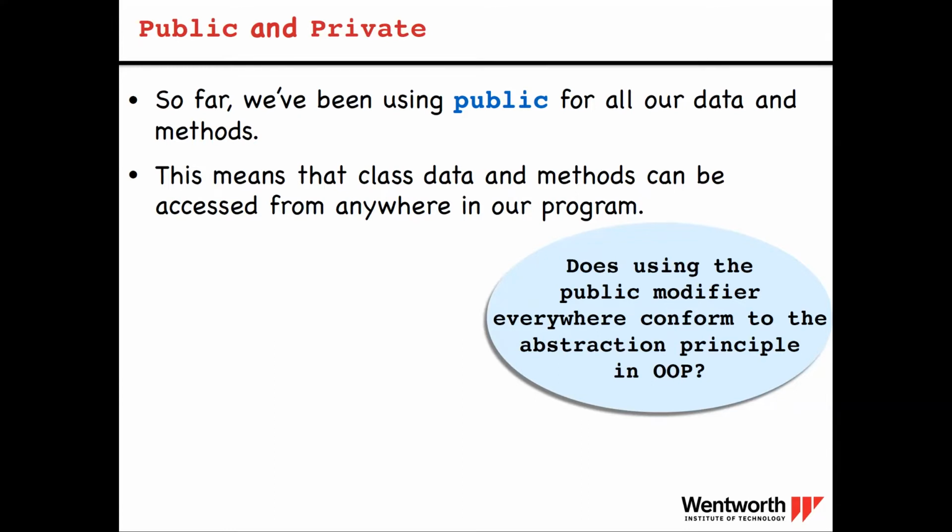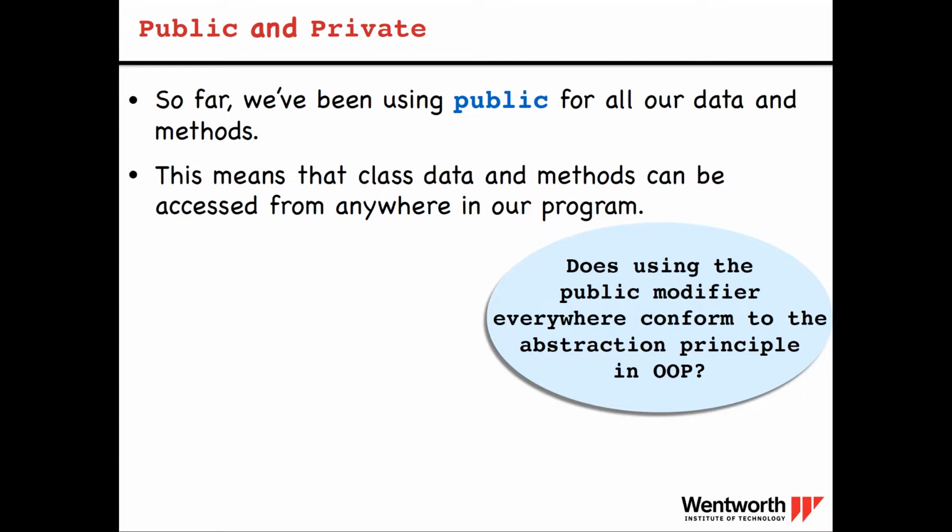If we use the public modifier everywhere, or the package private modifier, does that conform to abstraction in OOP? Remember what abstraction is. It's where we take this idea of this sort of complex thing happening behind the scenes, and we put a simple interface over it, like a power button for the computer.